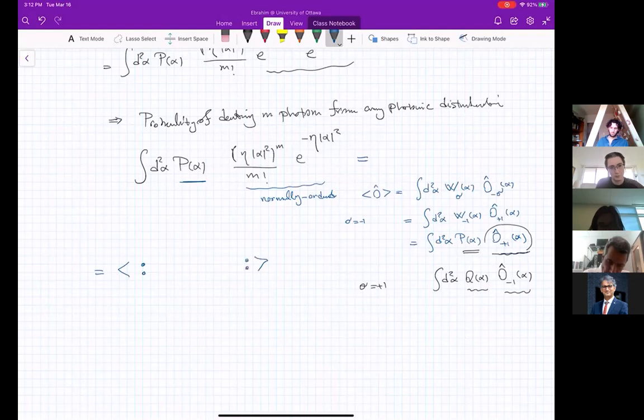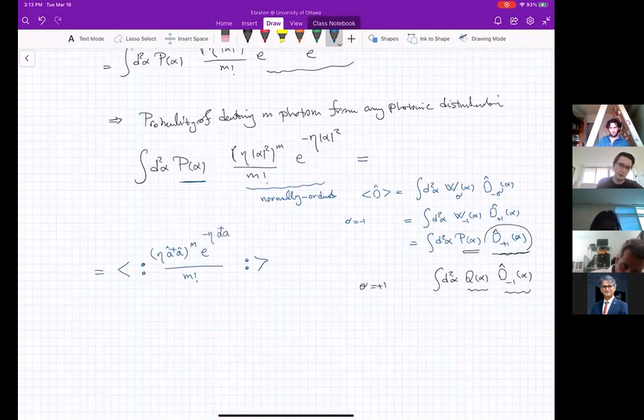Then any alpha square should be replaced by A dagger A, right? So that is m factorial, nothing changed. What about the rest? The rest would be eta A dagger A to the m. Exactly. And then you have e to the minus eta A dagger A.